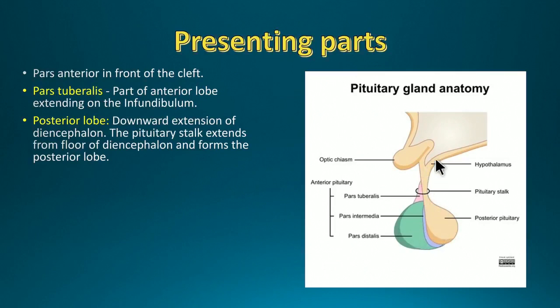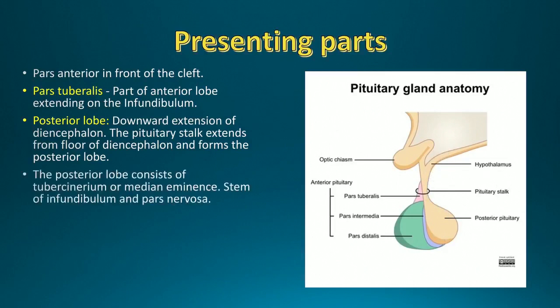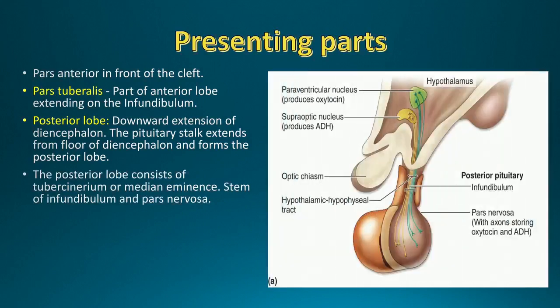So the unmyelinated axons, not the neurons, the nerve processes, extend from the hypothalamus, mainly from two nuclei of the hypothalamus, the paraventricular nucleus and the supraoptic nucleus.